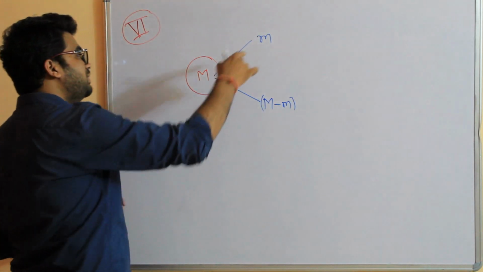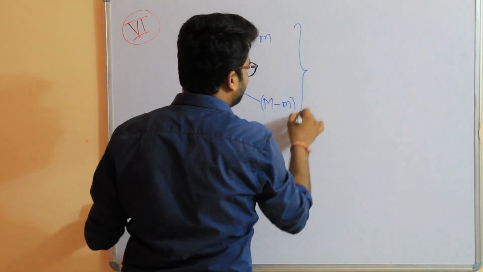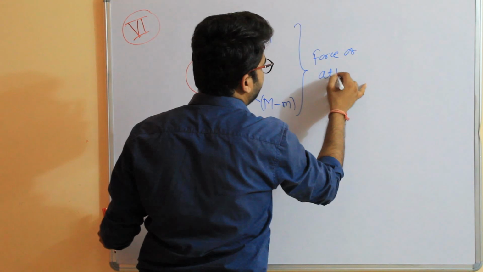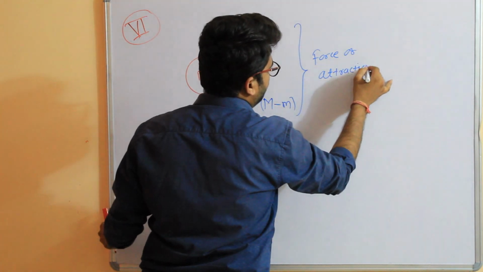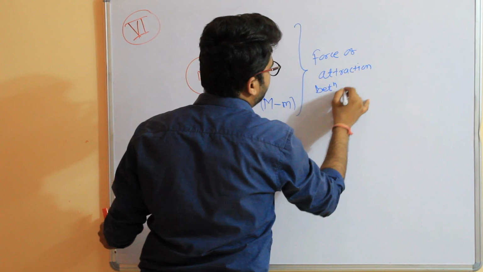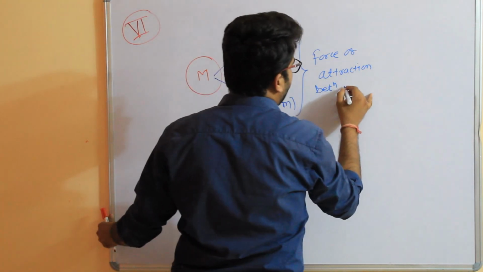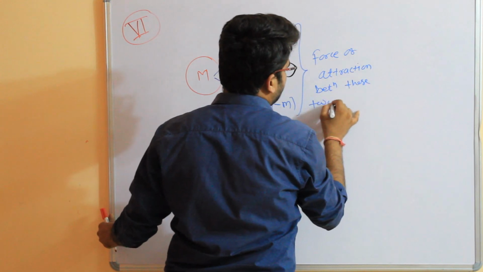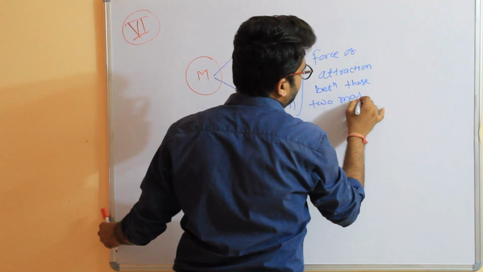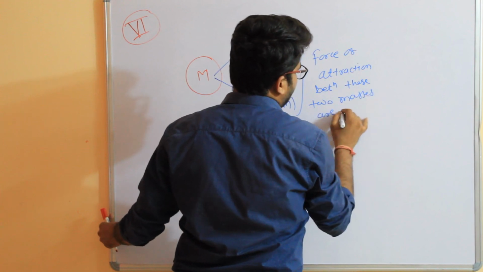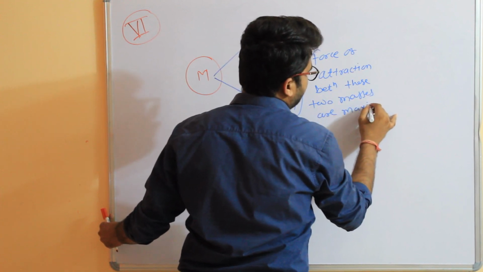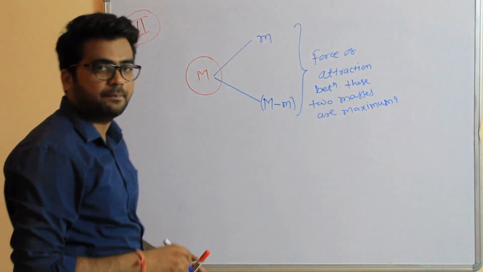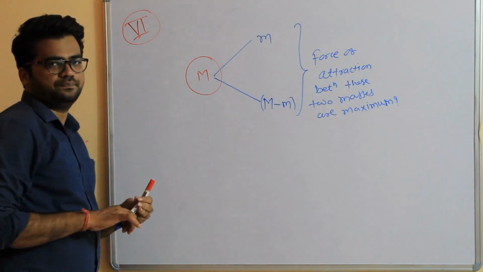Now what is the value of this small m so that the force of attraction between these two masses is maximum, right? So this is the question, right?